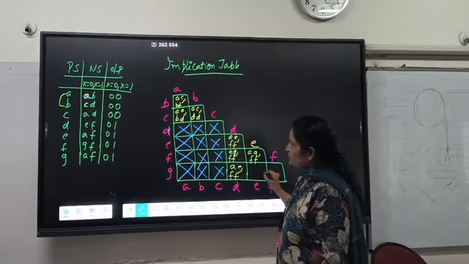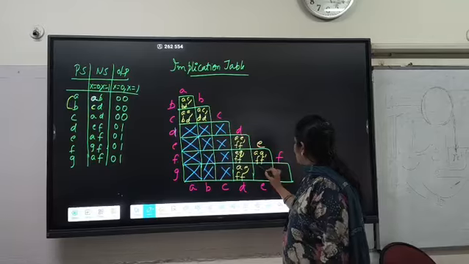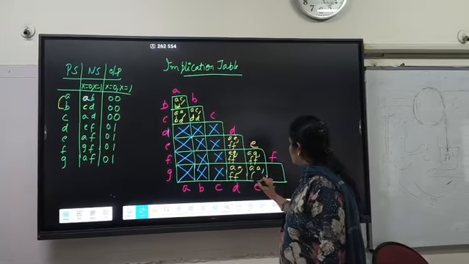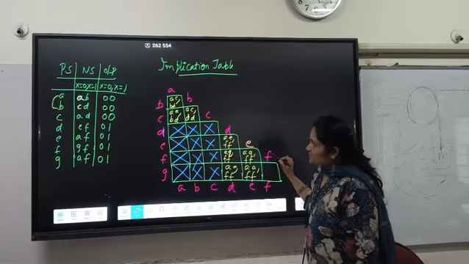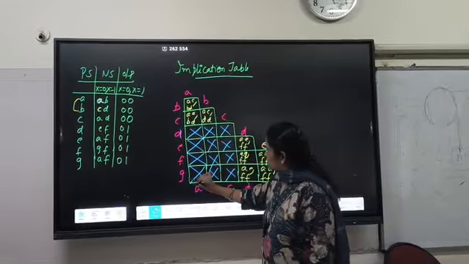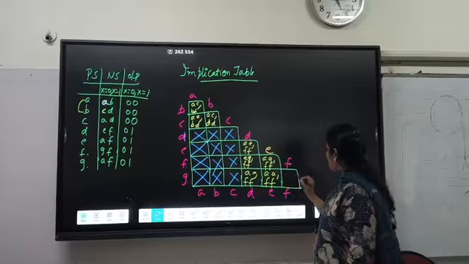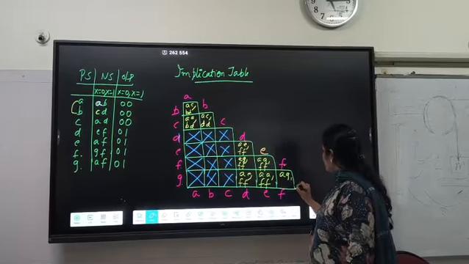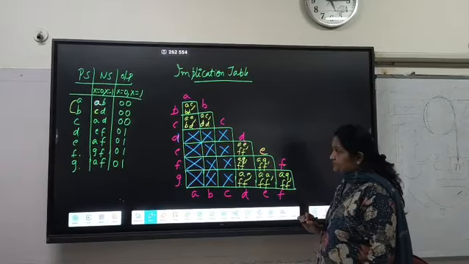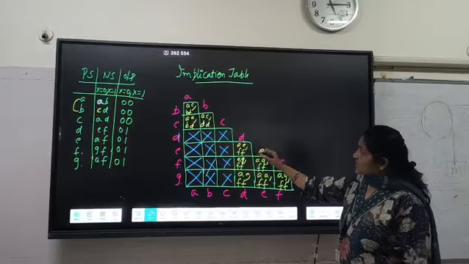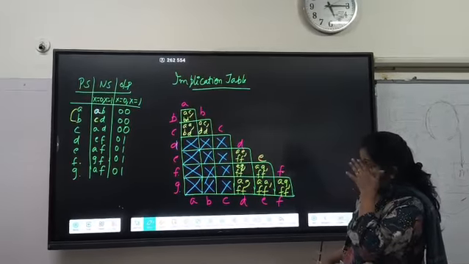Then E to G, AA, comma, FF. Then from F to G, it is AG, comma, FF. So these are the transitions that I have written.